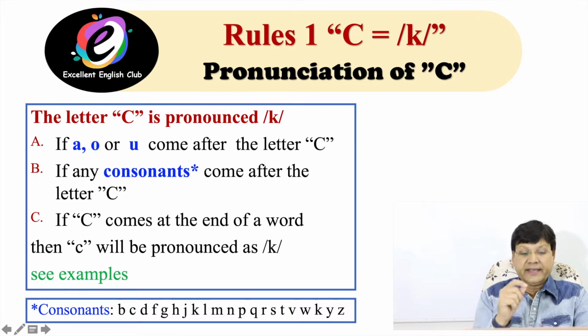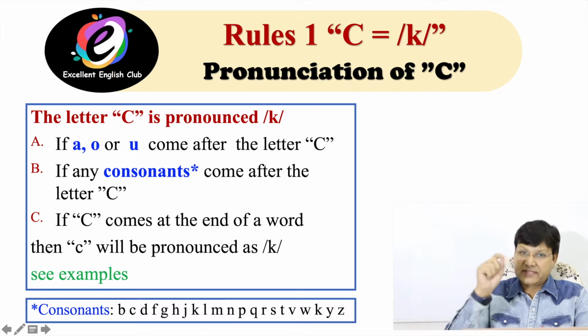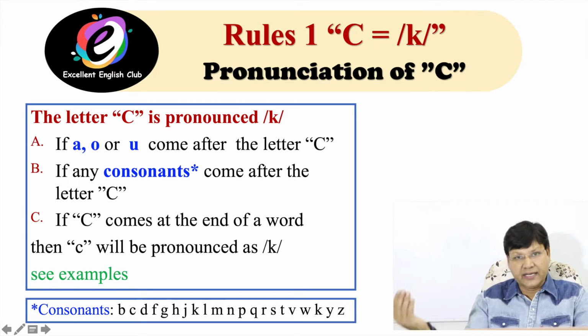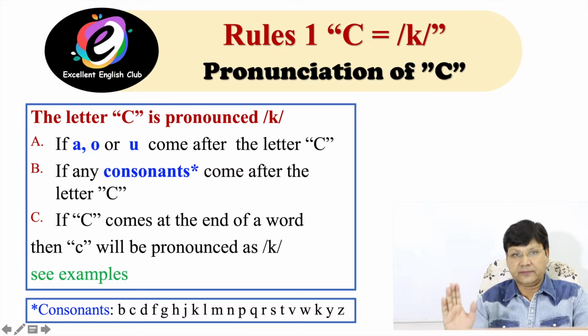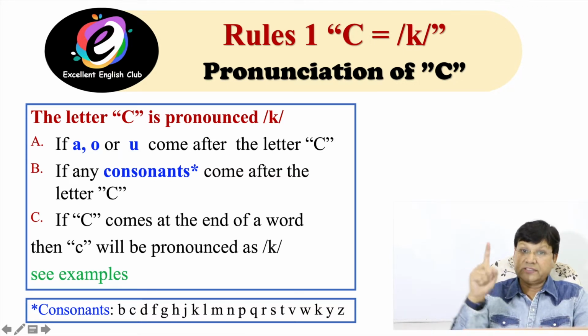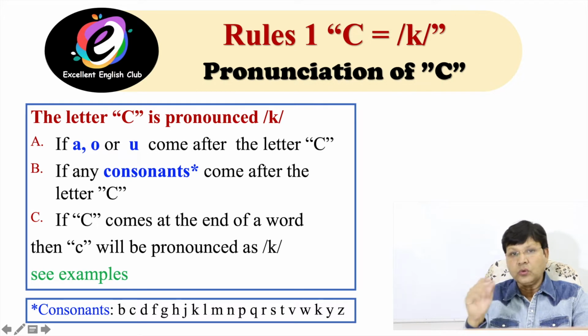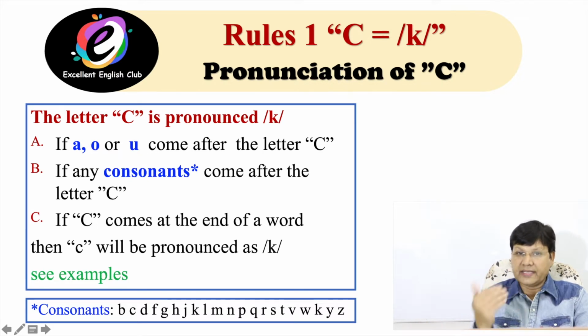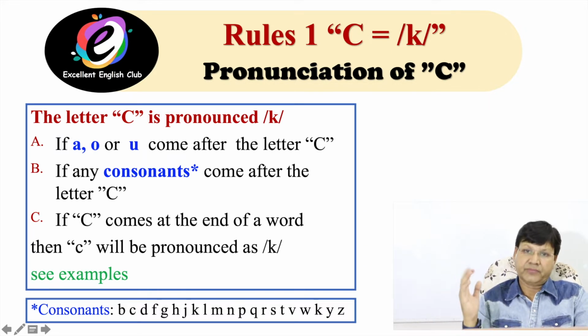And finally, if C comes at the end of a word, it will be pronounced as ka. These are the 3 points in rule number 1.